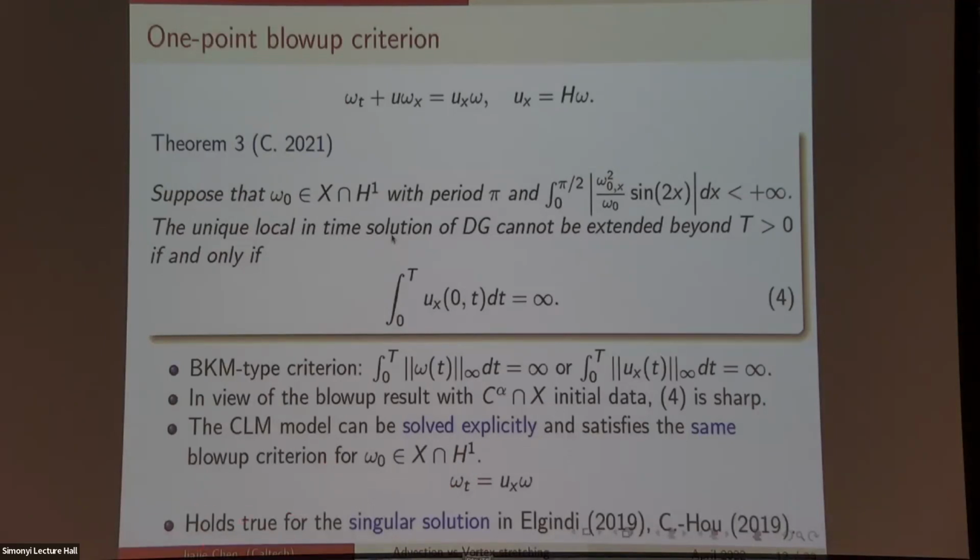Actually, a similar criterion also holds true for the singular solutions constructed for 3D Euler and 2D Boussinesq, in the sense that the gradient of the velocity at the origin also controls the blowup for the singular solution. However, for more general solutions to 3D Euler and 2D Boussinesq, we don't know a similar criterion.